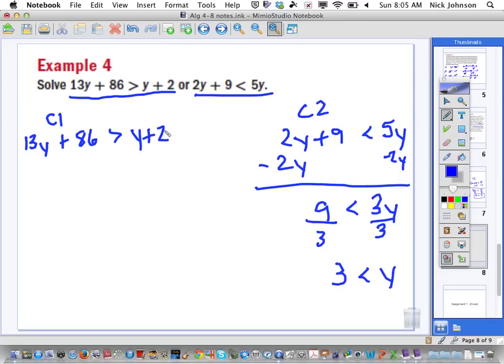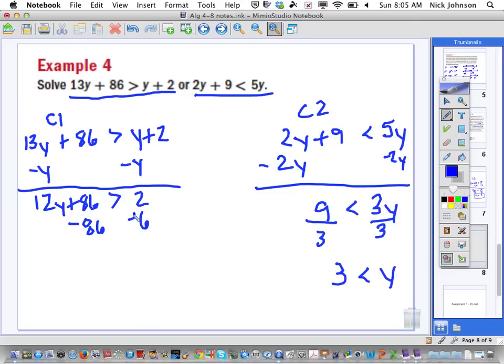Okay. Up here, I got to get my y's together, so I got to subtract y. Gives me 12y plus 86 is greater than 2. I got to get my numbers together, so I got to subtract 86. y is greater than, notice I didn't multiply or divide by a negative number, so I leave it the same. 2 minus 86 is negative 84.